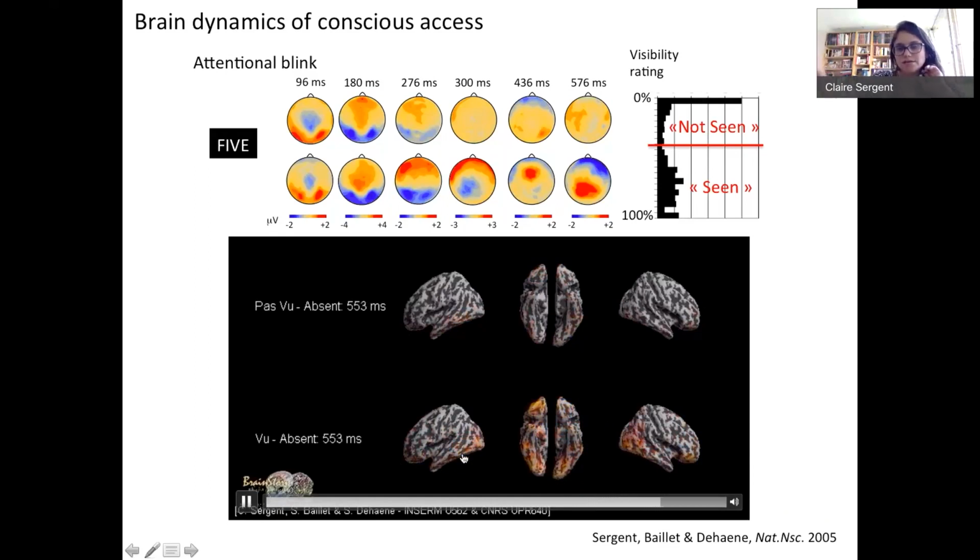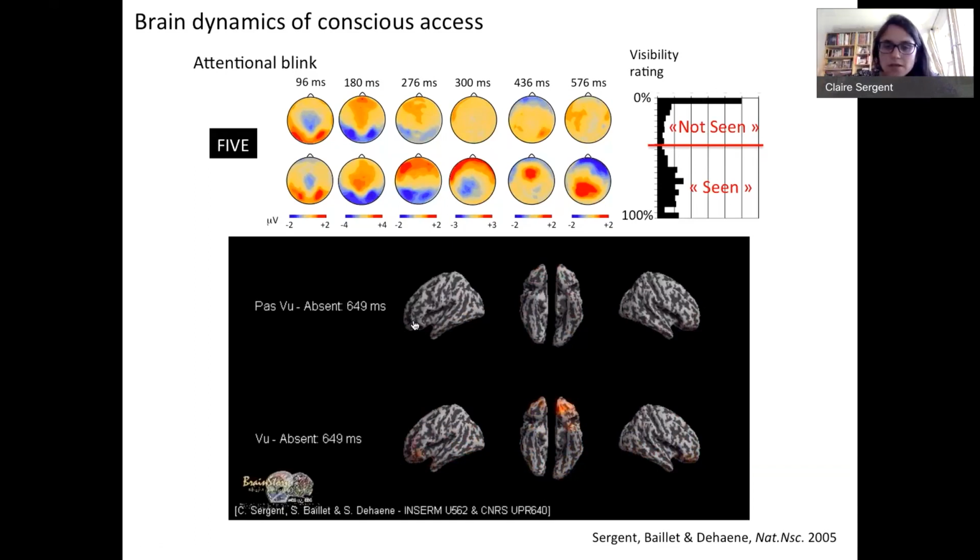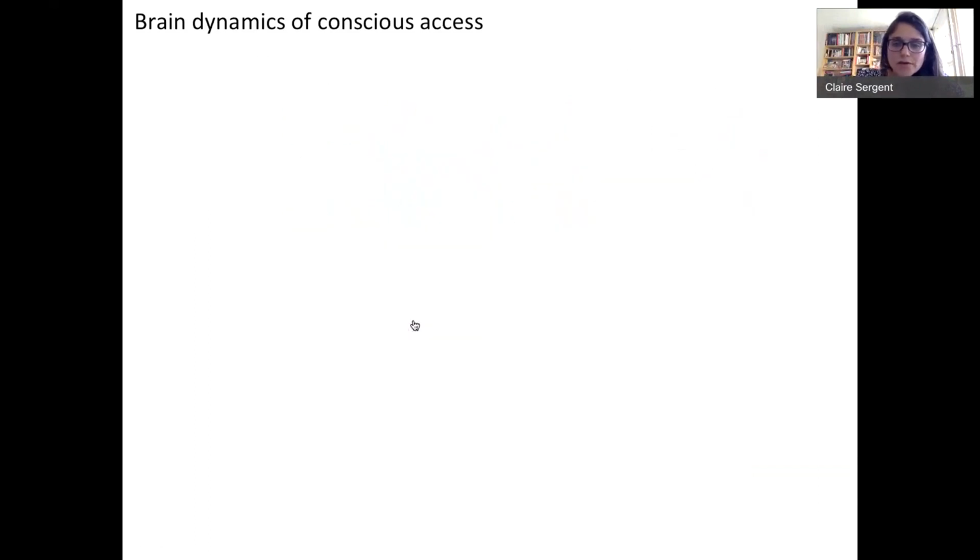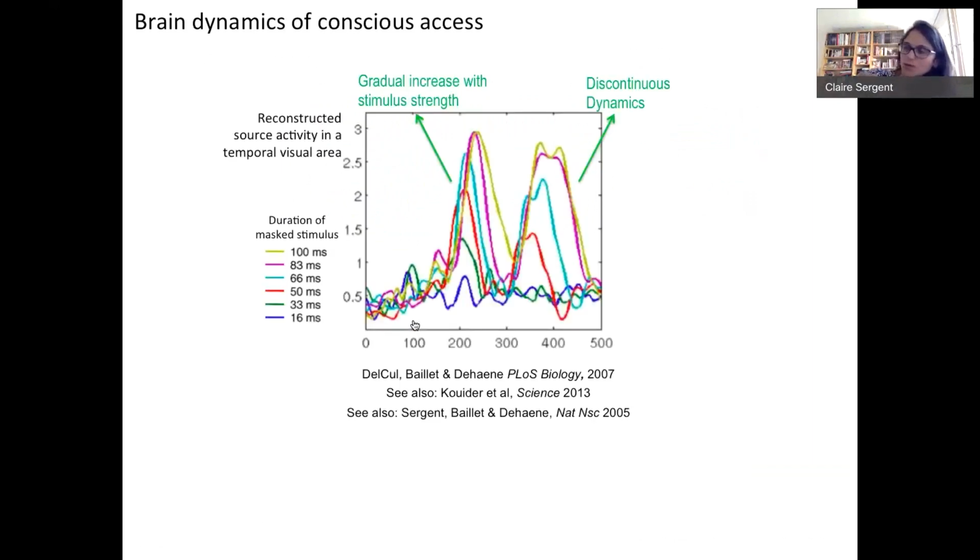But when they say they haven't seen the stimulus, it seems that these late activations do not occur. So that was a first indication that maybe conscious access was associated with nonlinear, interesting dynamics.